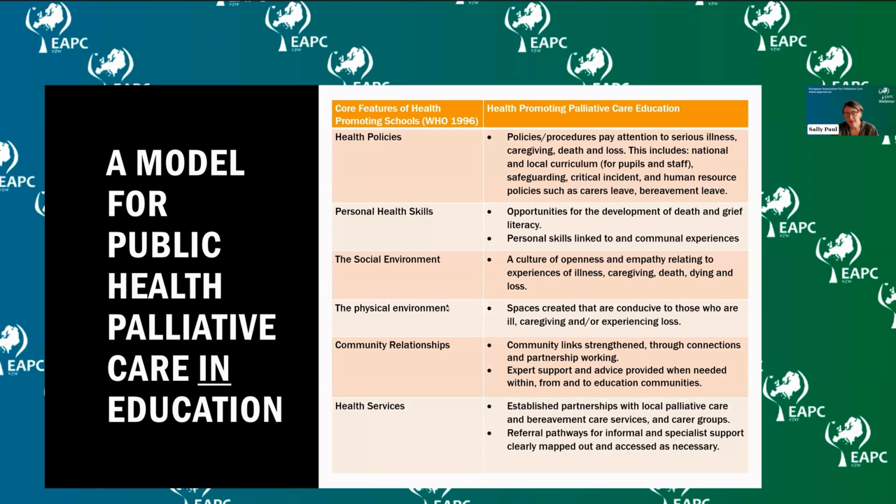The core features of health promoting schools are over these 6 domains: health policies, health skills, social environments, the physical environment, community relationships, and health services. And what that means in the context of the work that we do in palliative care and bereavement is that health policies have to include serious illness, caregiving, death and loss within those.